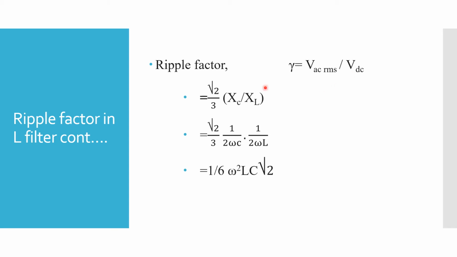So this equation can be written as root 2 by 3 into X C by X L, and when it is solved, it comes out to be root 2 by 3, 1 by 2 omega C, 1 by 2 omega L, and that comes out to be 1 upon 6 omega square L C root 2. In this way, by substituting the value of L, C and omega, we can find out the ripple factor.